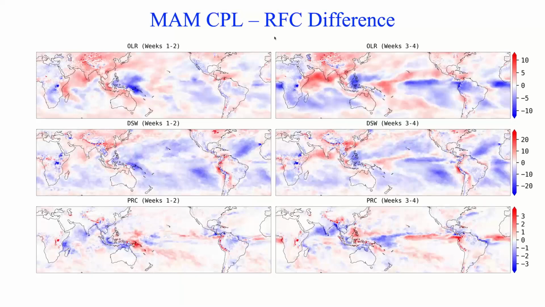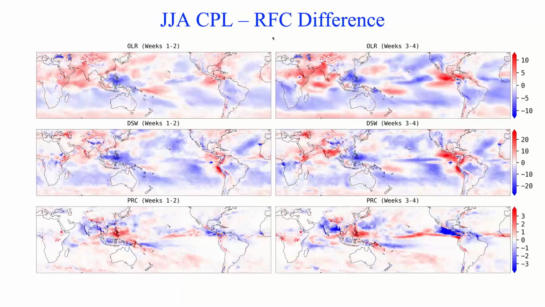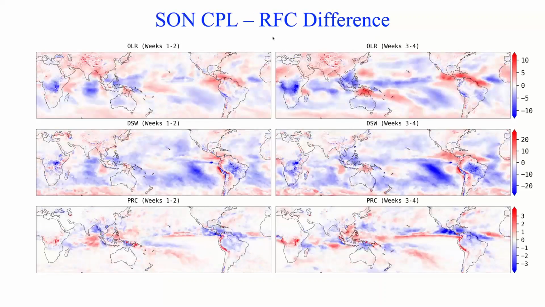Next, please. And the summer is the same, just changed around. But again, these major signals, how the OLR, the downwelling shortwave radiation, and the precipitation respond, are very coherent. Next. And this coherence also occurs in the fall.